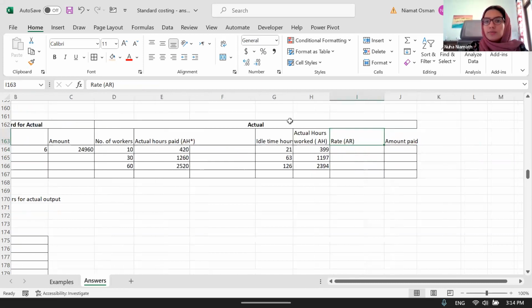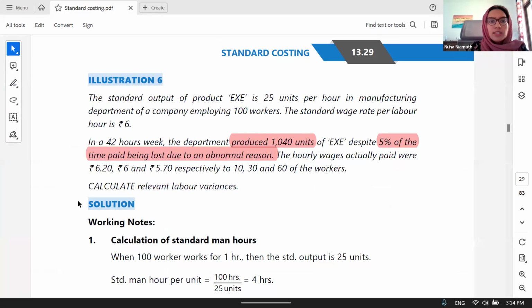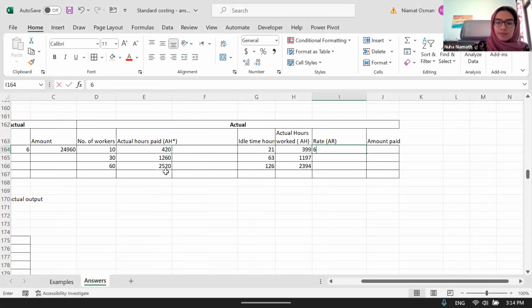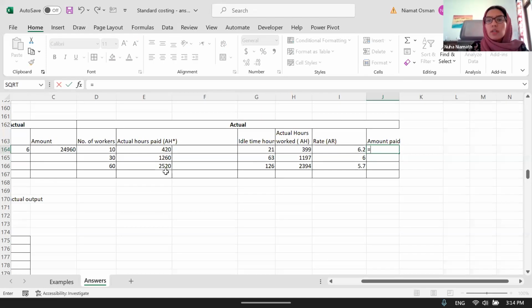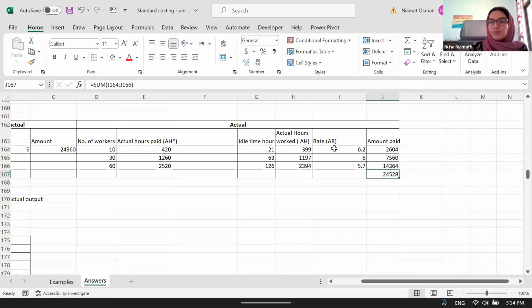Then what is our rate? The rates are given as 6.2, 6 and 5.7. So what is our amount paid? Will the amount paid be 420 into 6.2 or 399 into 6.2? 420, correct. That is our total.